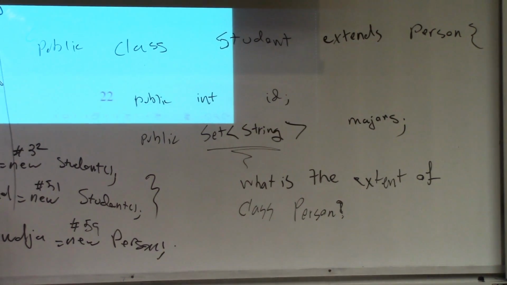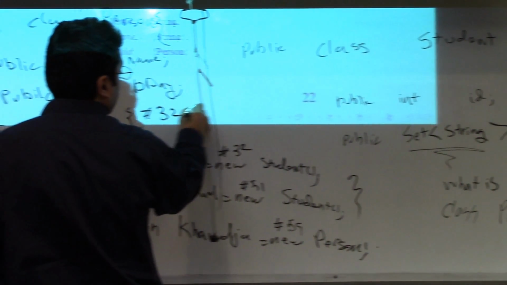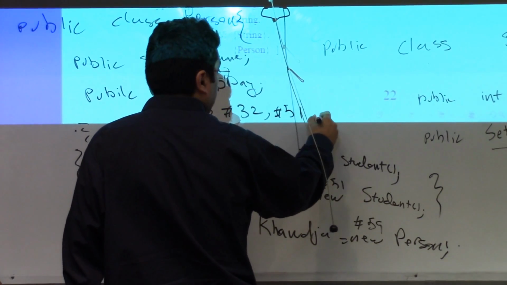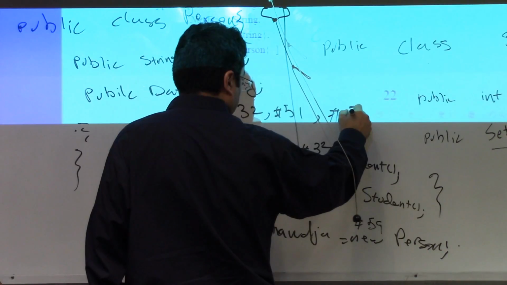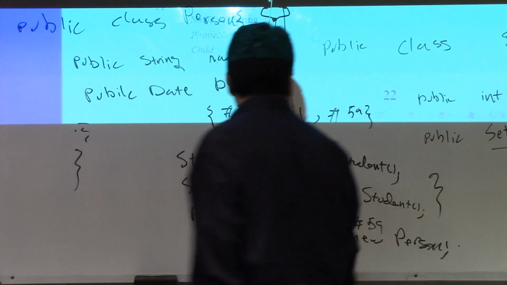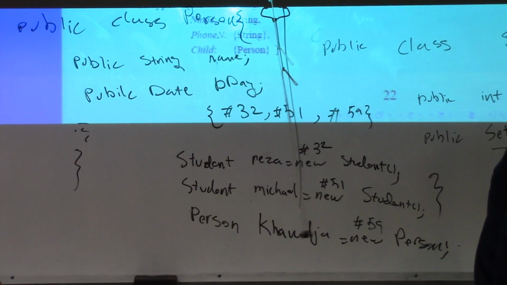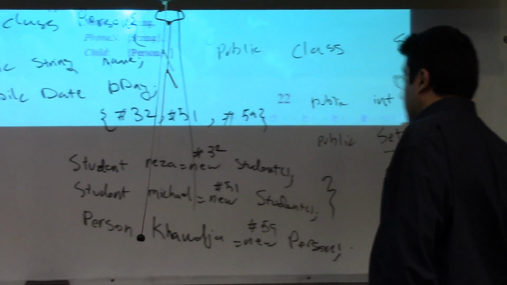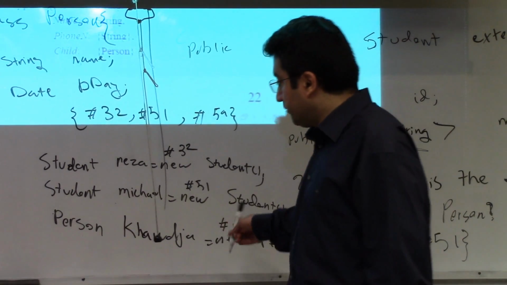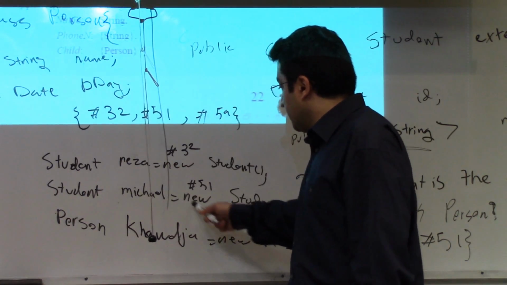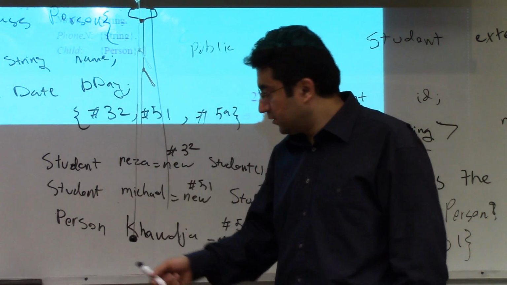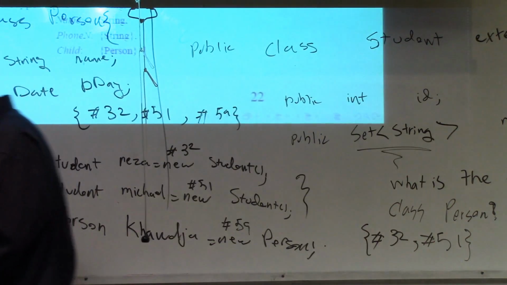Perfect. What is the extent of the student? 32 and 51. Why? Because a student is a person. Yes, exactly. The student is a person. So when you instantiate the student, the extent of this number also should be added to the person. Okay.